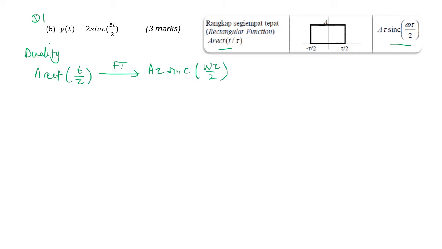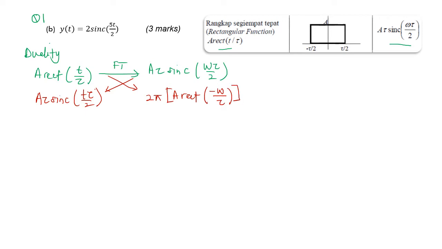Okay, so in sinc function, but in t, so A tau sinc function t tau over 2 will produce 2 pi A rectangular, t becomes negative omega over tau.